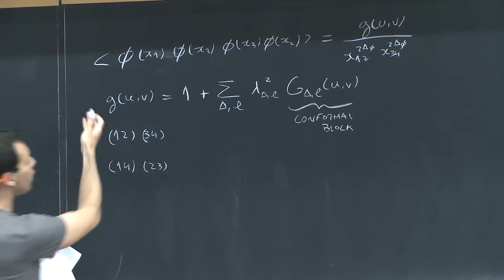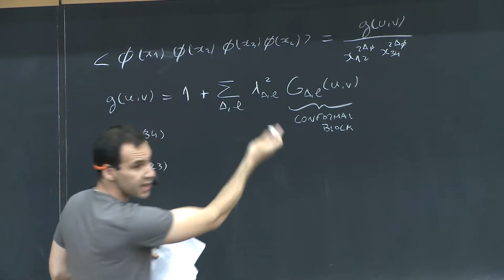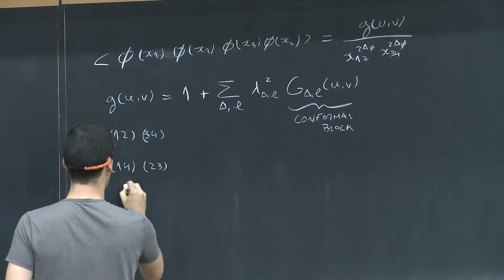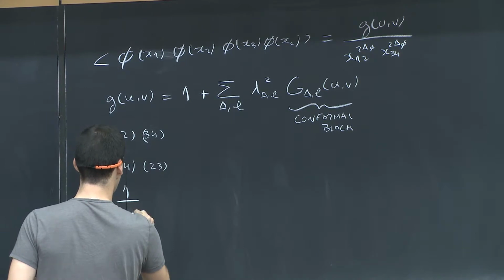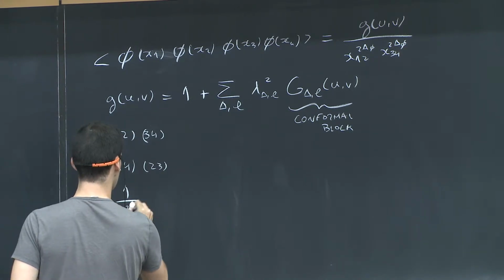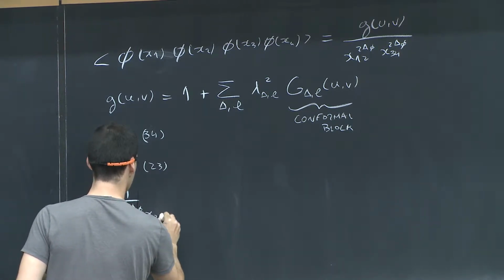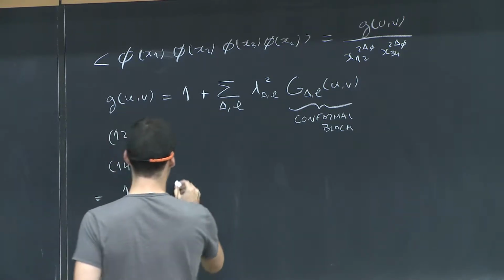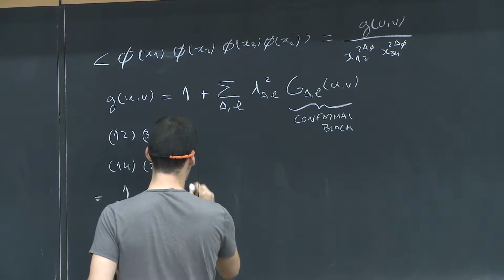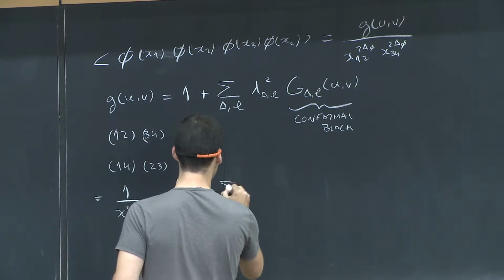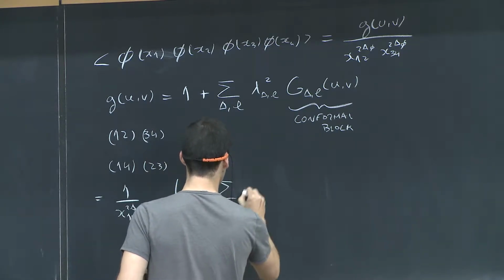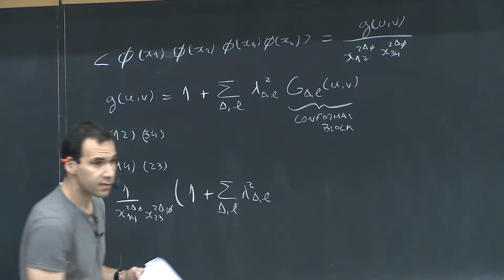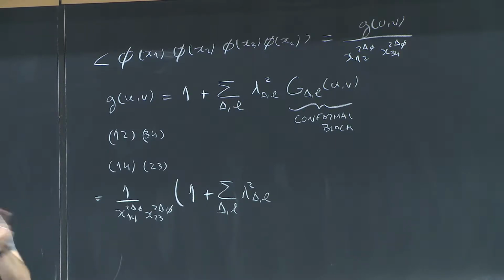So if you swap 2 with 4, then you can say that the correlator will be the same. So we'll just write that as 1 over x14 to the 2 delta phi, x23 to the 2 delta phi. And now you can do the same. So now you can write it as 1 plus the same OPE coefficients, because it's the same two scalars, right?